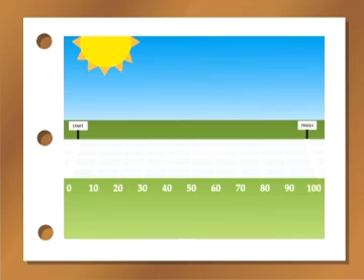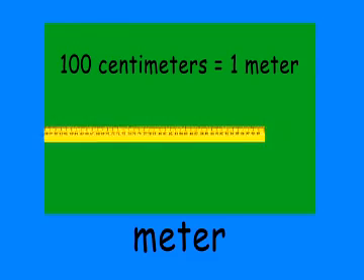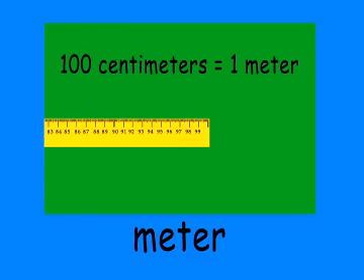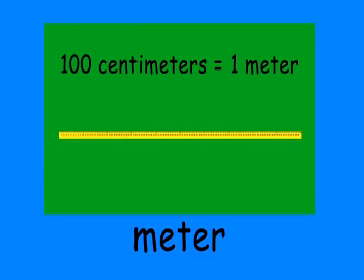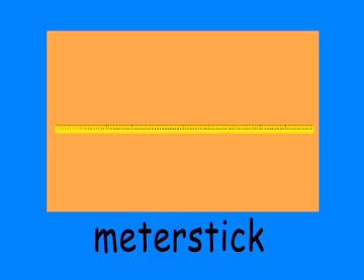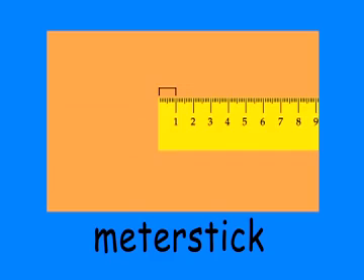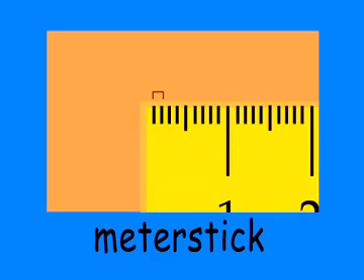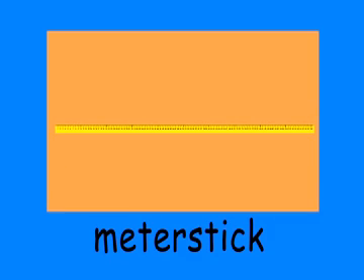The race is 100 meters long. 100 centimeters equals 1 meter. We can measure meters, centimeters, and millimeters with a meter stick.